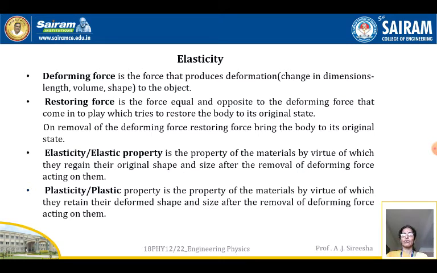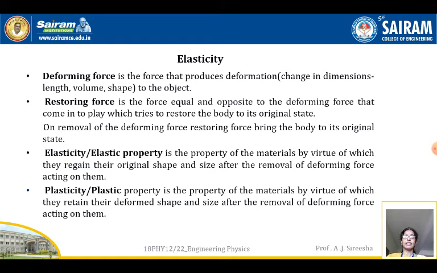Next we go with the restoring force. Restoring force is a force equal and opposite to the deforming force that comes into play which tries to restore the body to the original state.